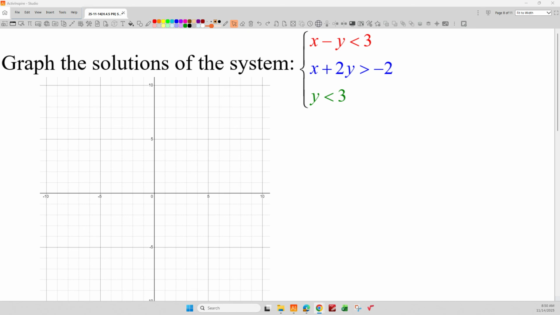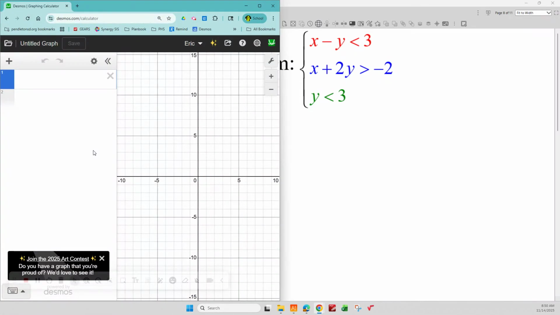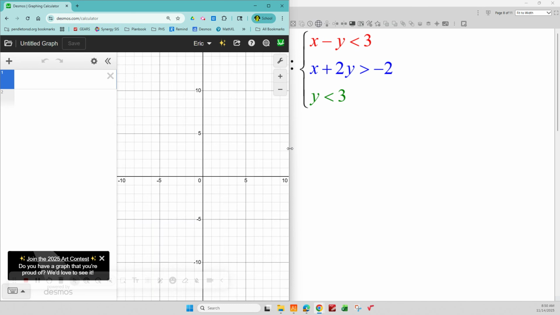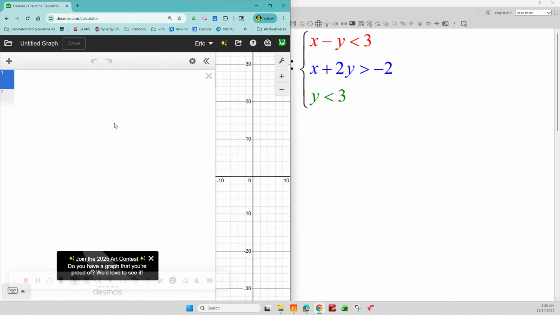Go to Desmos Graphing. Okay, and then literally the nice thing about Desmos is you don't have to solve for y. I can just leave them exactly the way they're written.